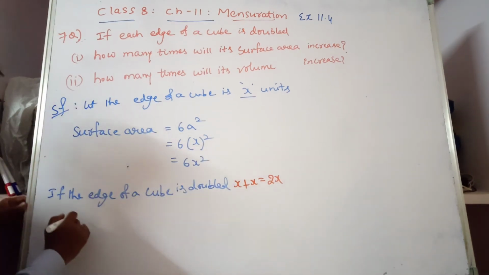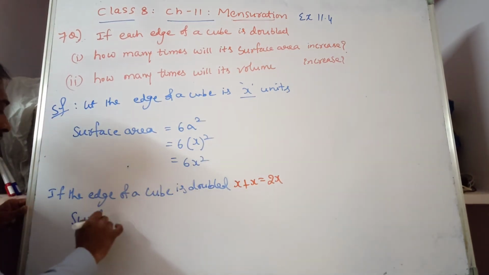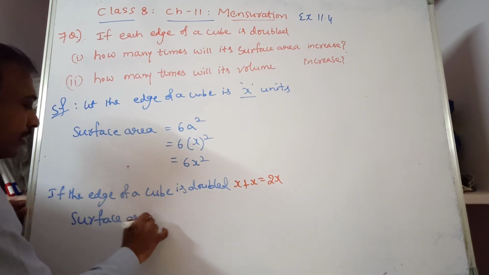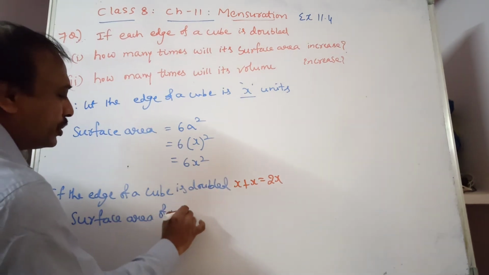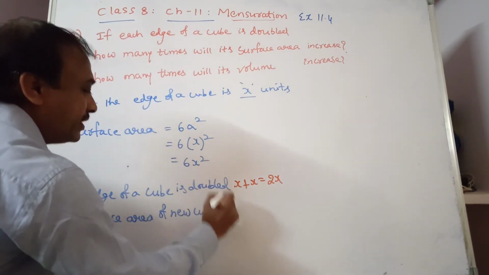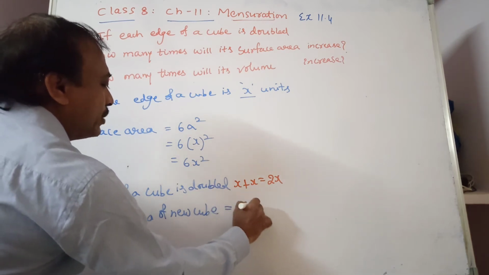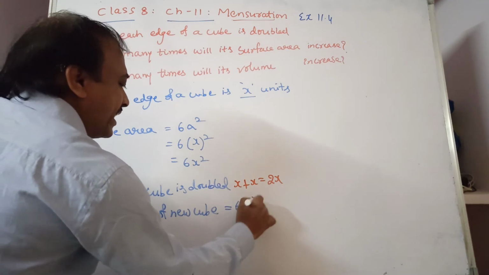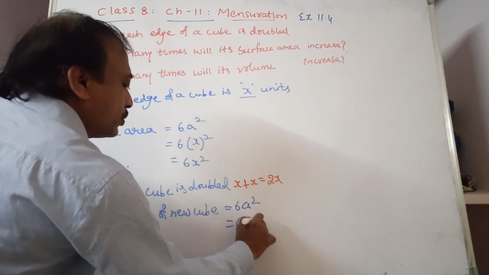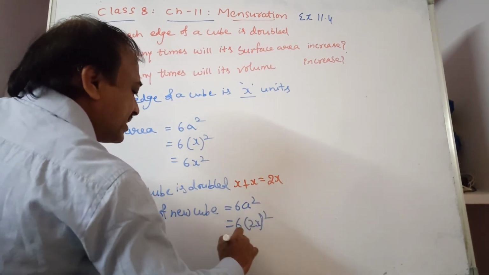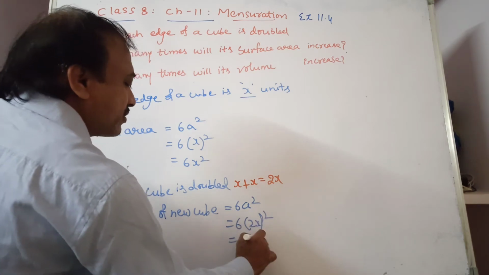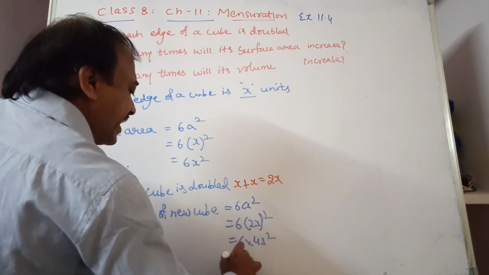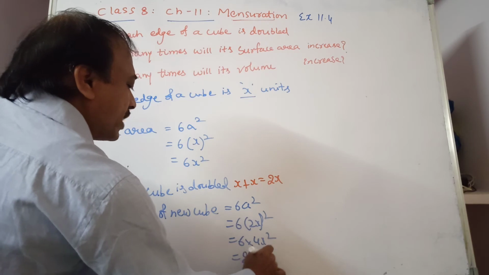Now its surface area. Surface area of the new cube is equal to 6 into a square. The formula is the same: 6 into 2x whole square, meaning 4x square, which is 24x square.